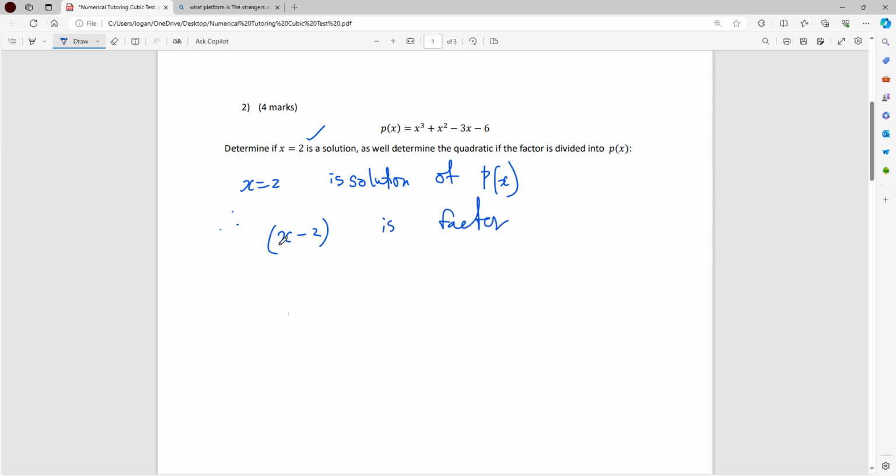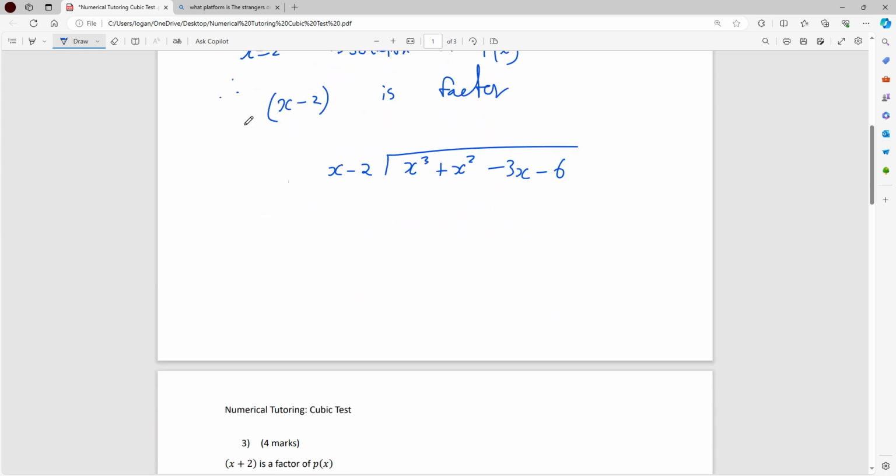So that means when you divide this into P of x, you should get a remainder of 0. So setting up the long division, it's x minus 2 divided into x cubed plus x squared minus 3x minus 6. Okay. Now we'll just do it step by step.